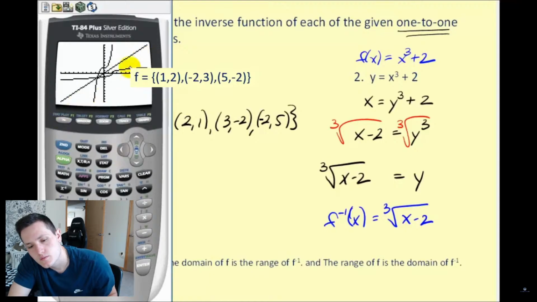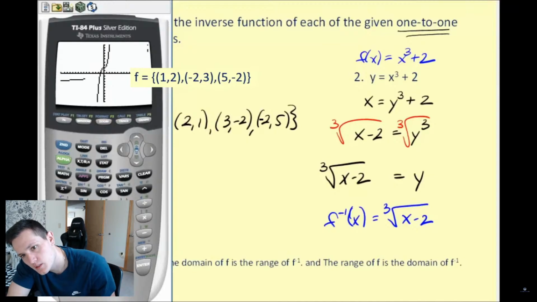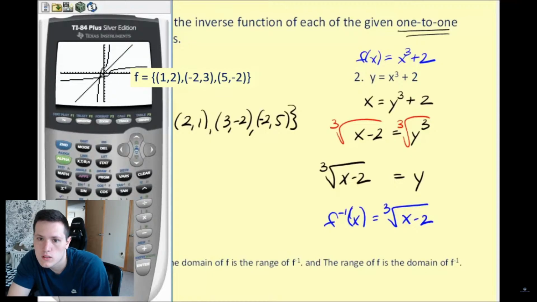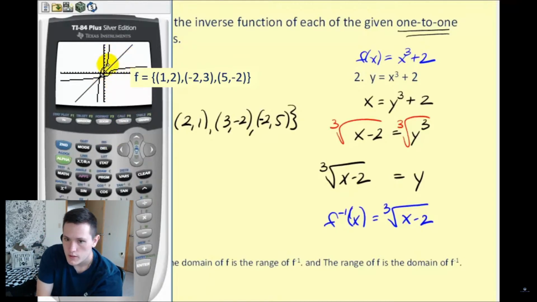It'll become even more obvious if we press zoom square, zoom 5. And so another property of a function and its inverse is they're symmetrical across the line y equals x. And you can see if we were to fold these functions across this line y equals x, they'll match up perfectly with the other piece on the other side of y equals x.